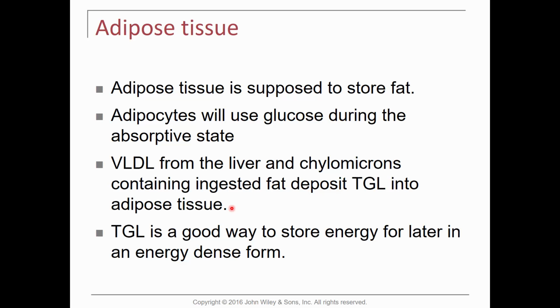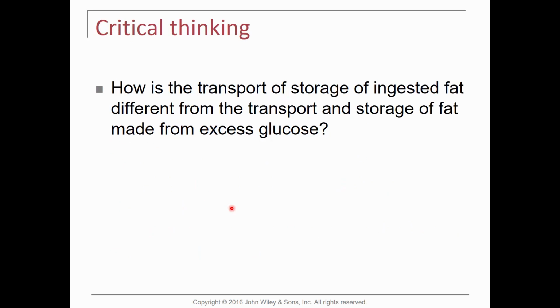Those components can diffuse into the adipocyte, and the adipocyte then resynthesizes it into triglyceride. And triglyceride is a good way to store energy because it's very energy dense. If you stored all of your energy as glycogen, you'd be too heavy to move around. So it's very energy dense in a lighter form than glycogen.